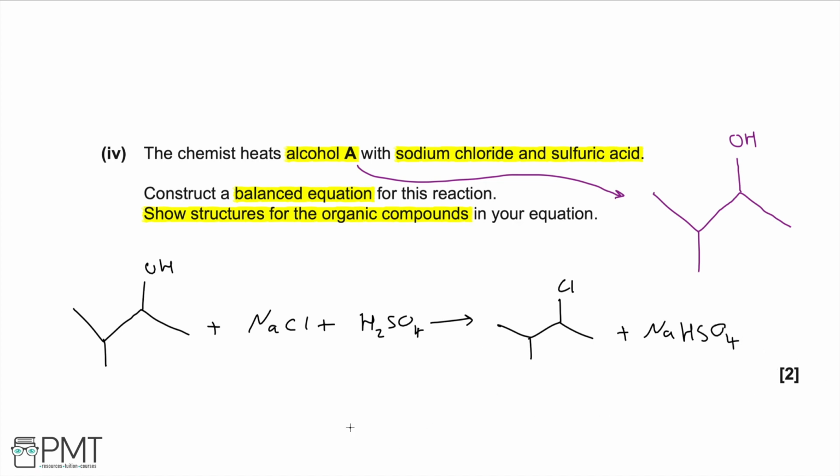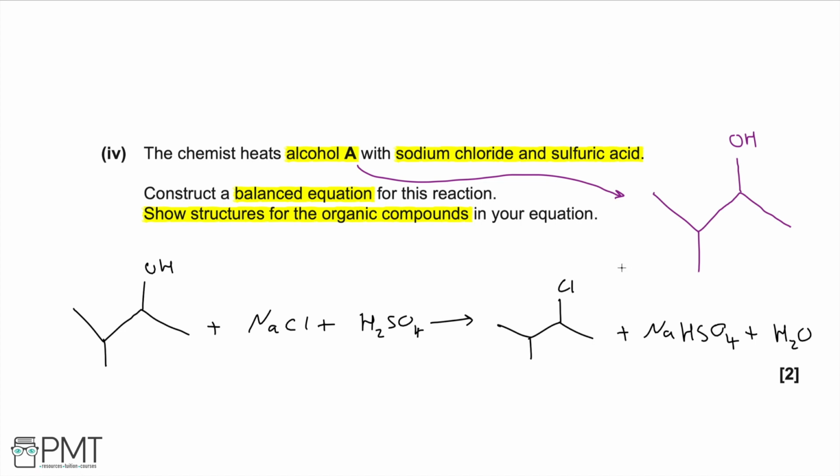So in this question, you will get 1 mark for the correct product here, or correct products, and then the second mark will be for making sure that everything's balanced. Is everything balanced? Well, we've got the same number of carbons on both sides here. We've got 1 chlorine on each side. We've got 1 sodium on each side, and we also need our water here.